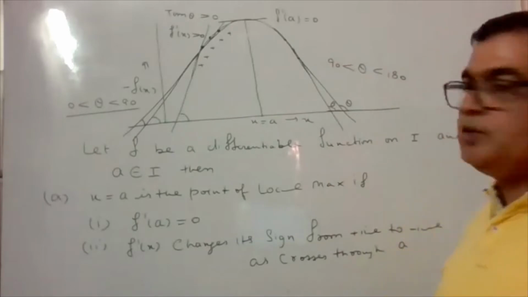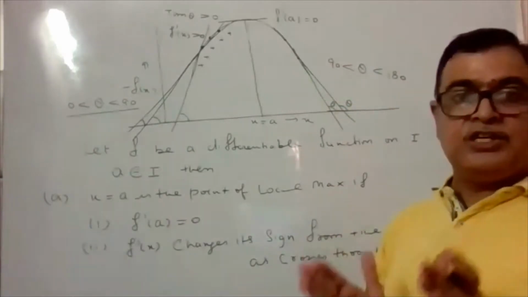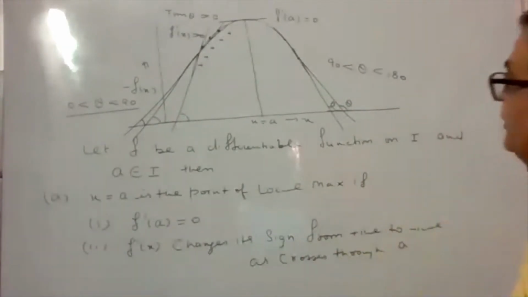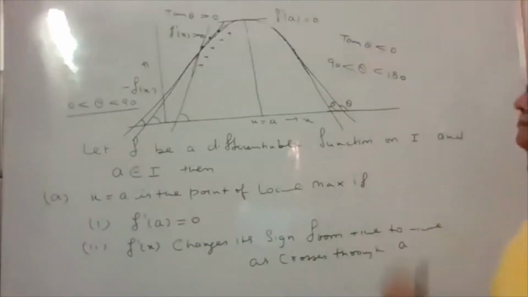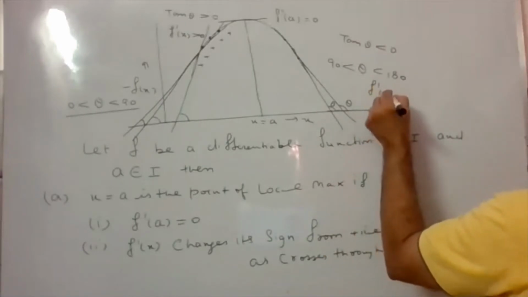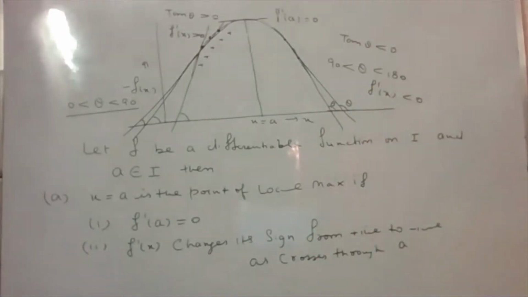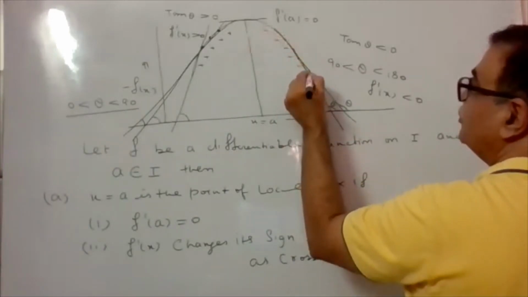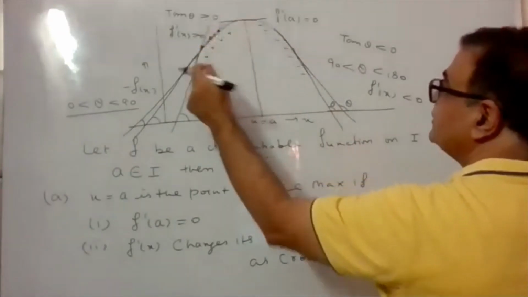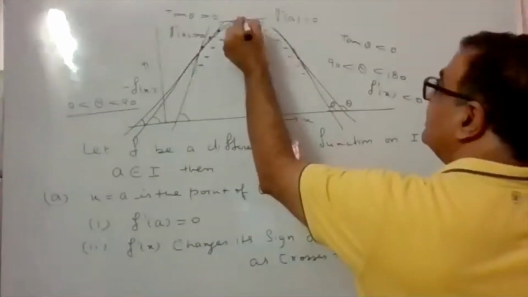That means theta has gone into the second quadrant, where tan theta is negative. And if tan theta is negative, f dash x is also negative. That means here dy by dx is negative, here it is positive, and here it comes out to be 0.